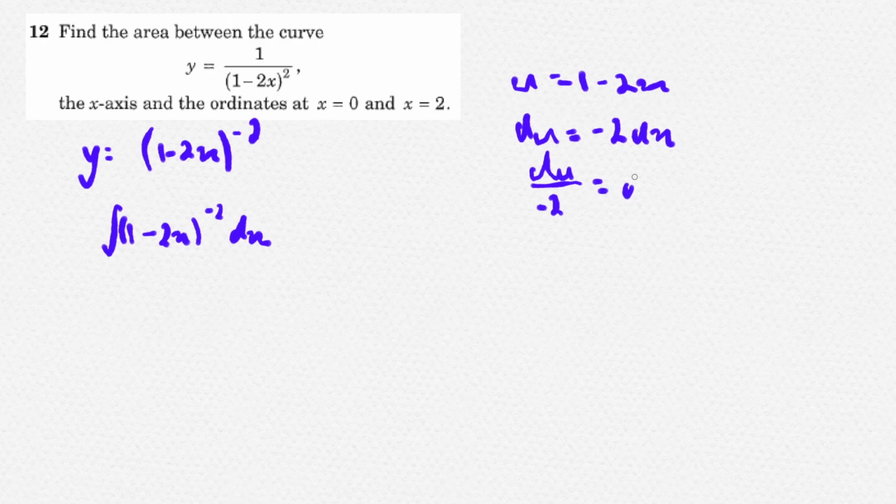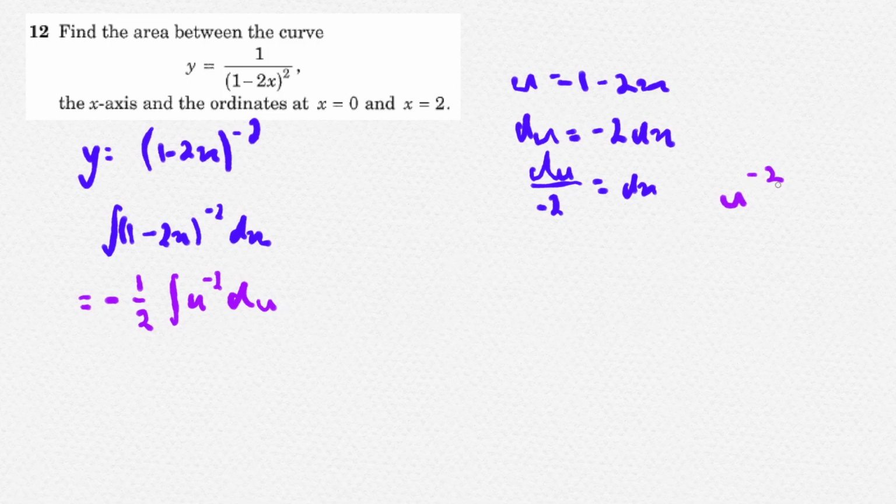So let's sub this back into our integration. So, du over minus 2, as we know now, is equal to minus half times du. So let's write minus half at the front of our integration. So minus half integral of u to the power of minus 2 du.